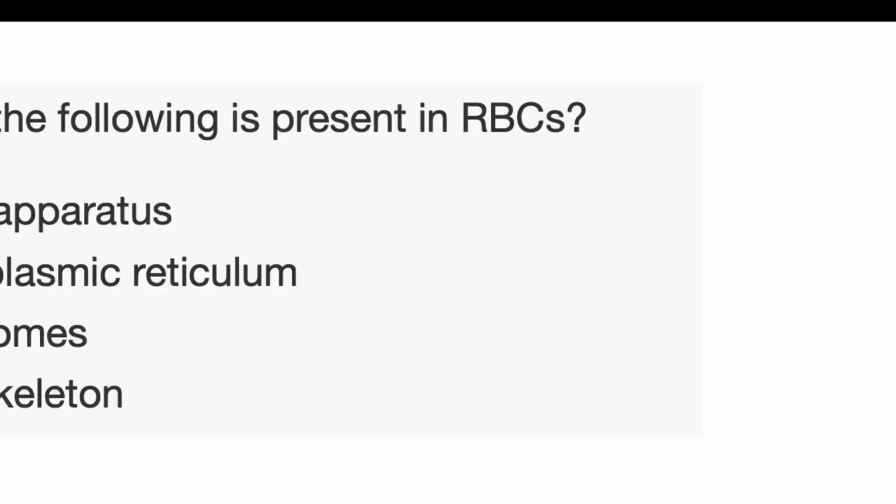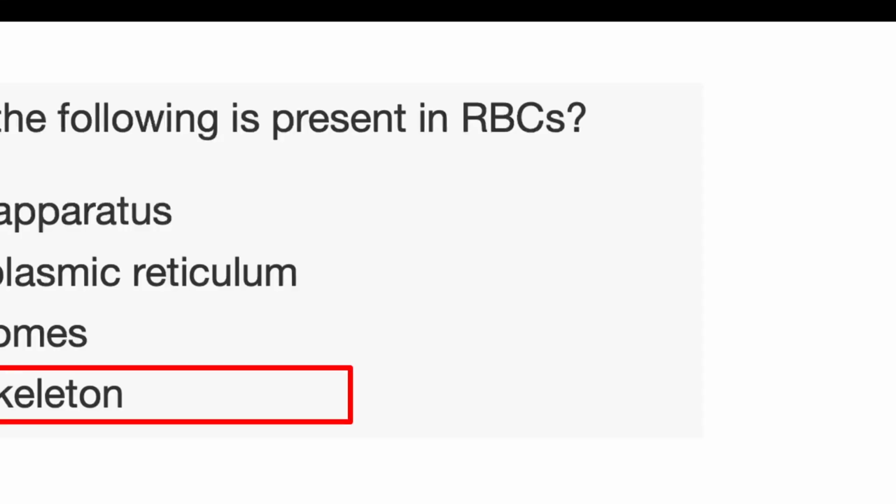Okay, it's time for me to reveal the correct answer. Which of the following is present in RBCs? The correct answer to this question is option D, cytoskeleton. Cytoskeleton is present in the RBCs, not any other cell organelle.